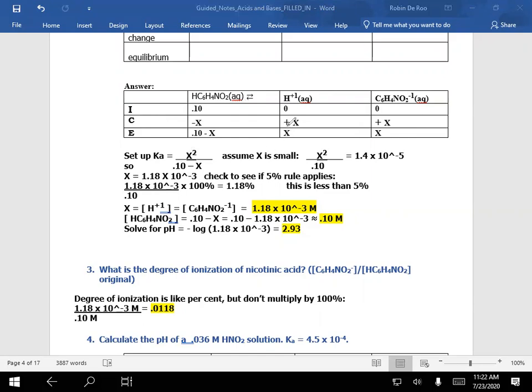So this X times this X will give us the X squared. And then our equilibrium for the weak acid will give us what goes on the bottom here.